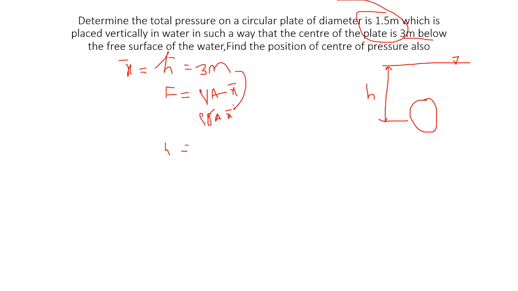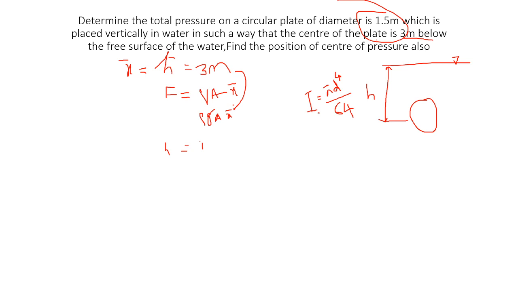H is nothing but Ig by A h bar plus h bar. Or directly you can write I equal to how much? For a circular plate, I equals pi d to the power of 4 by 64. D is 1.5, you know. You substitute in this equation and you will get the I value.